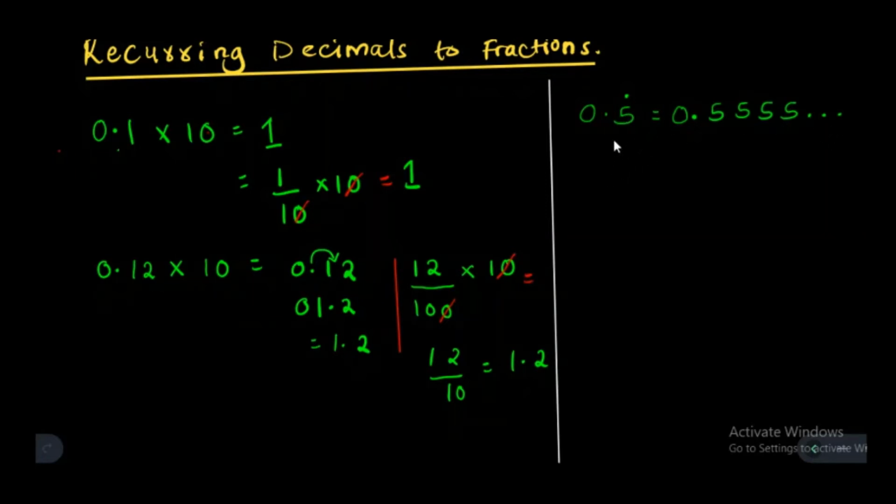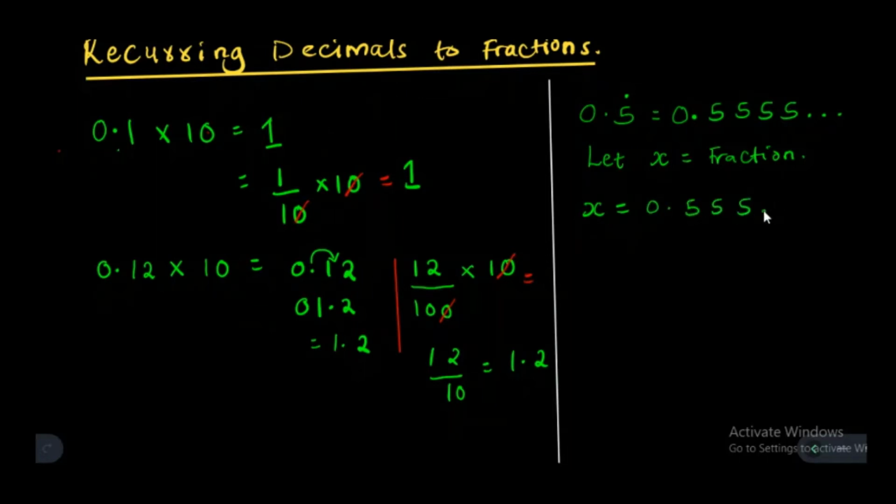So what are we going to do in this case? We are going to let a letter of your choice, you can use X, Y, Z, represent the fraction that you want to find. This fraction changed to a decimal is the one that gives us 0.555 recurring.